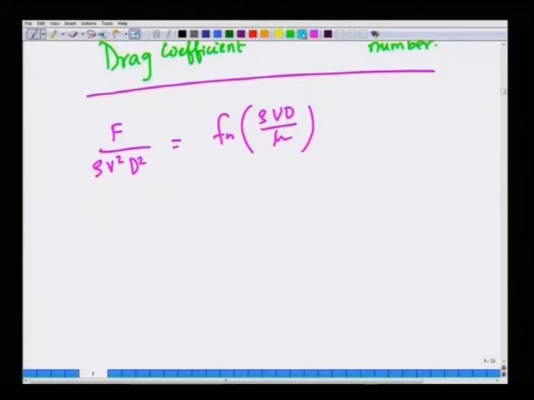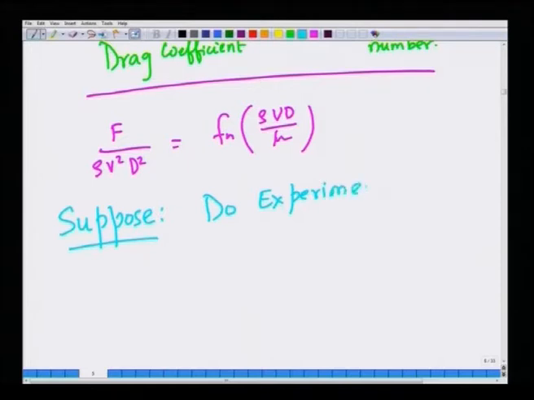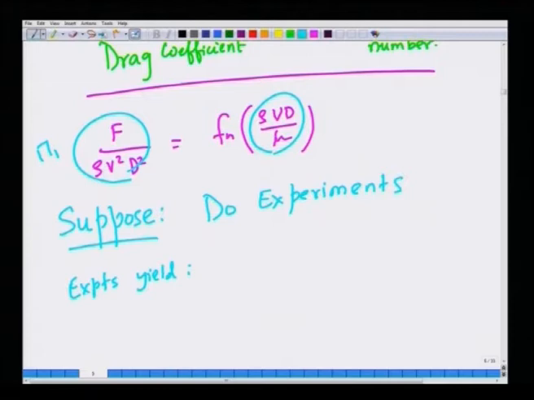Suppose you do experiments, experiments tell us the following result, that is, let us call this pi 1 and let us call this group pi 2. So, we expect pi 1 is some function of pi 2.